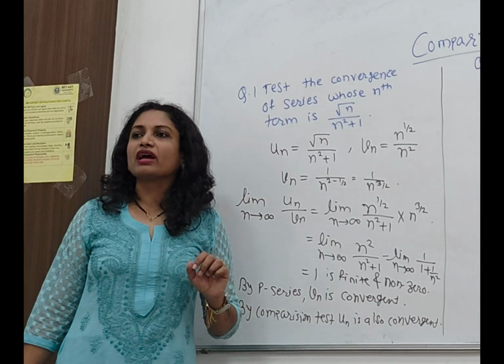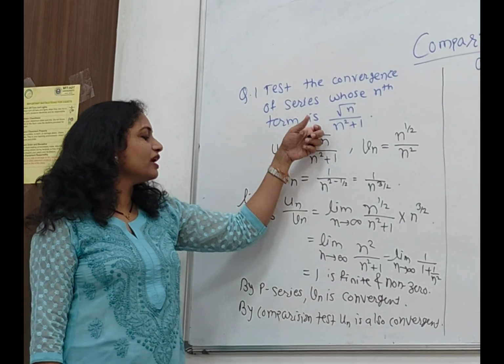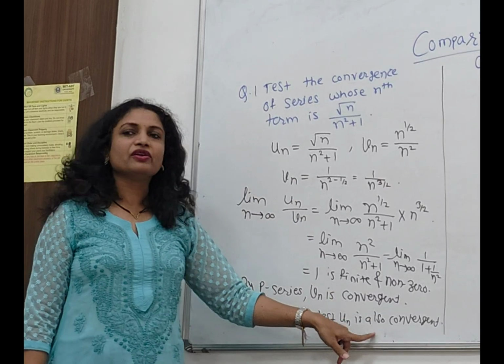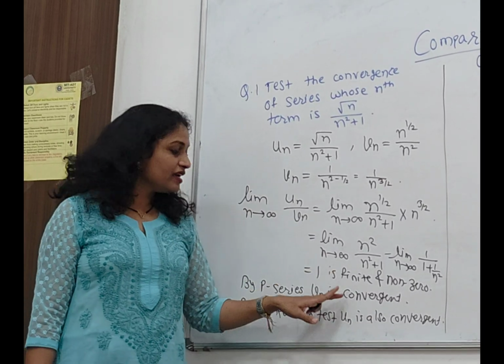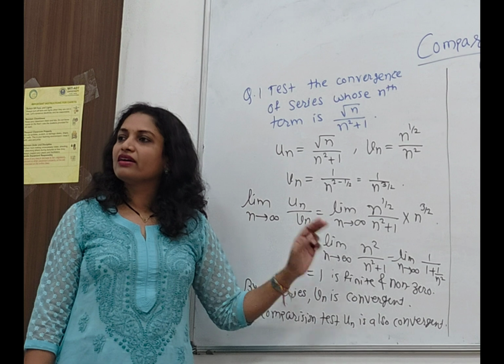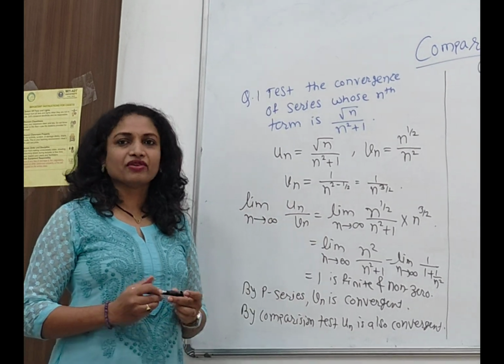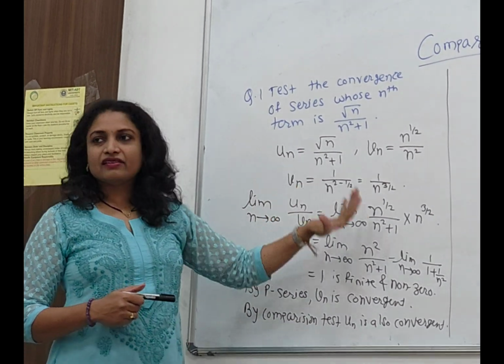Our aim was to determine the convergence of Un. As Bn is convergent, Un is also convergent. If Bn is divergent, Un will also be divergent. So that's it for this example.